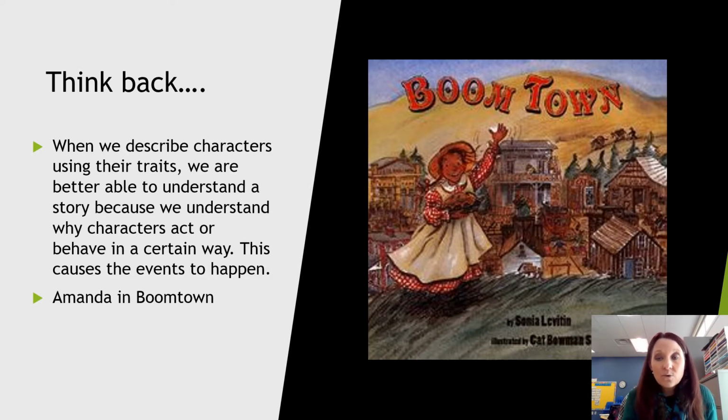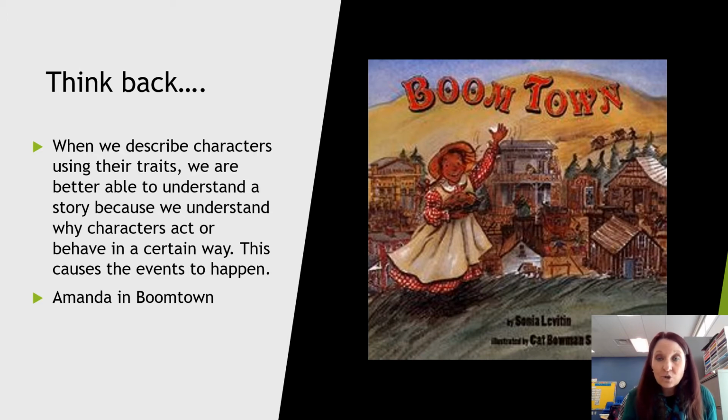And because those two words describe her personality or her character, that character trait leads to the events that happen in the story. For example, she was able to get everybody who came to her little boomtown to start a new business.